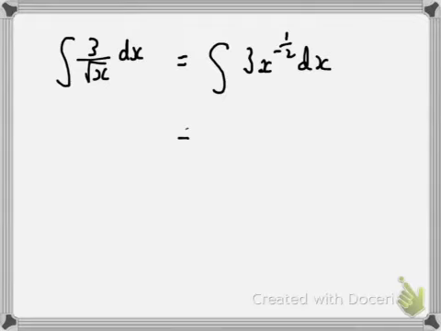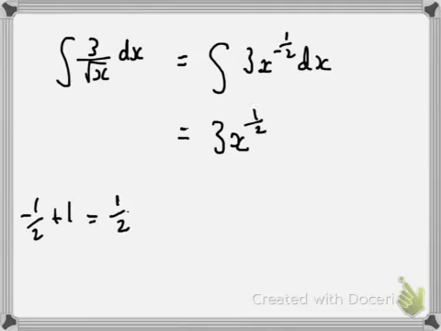Equals 3x, raise the power by 1. So negative a half plus 1 is a half. Hopefully we can work that out by now. So raise the power by 1, so it's x to the power of a half, over a half, plus c.